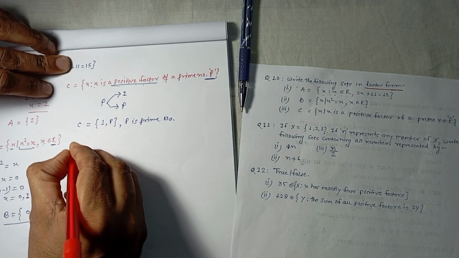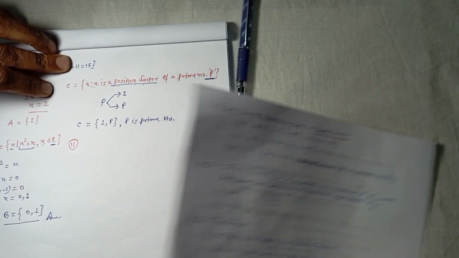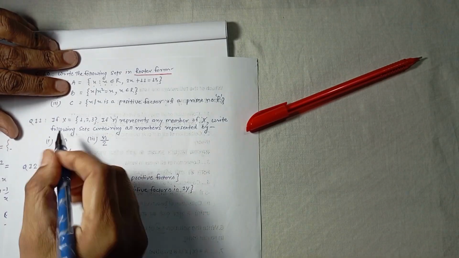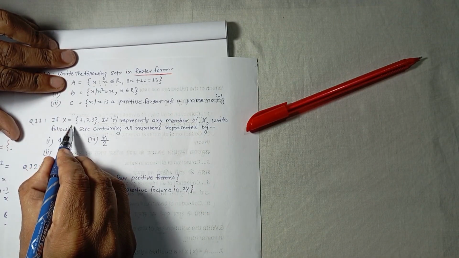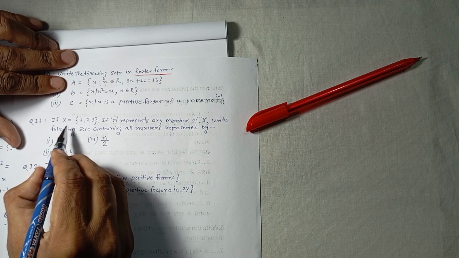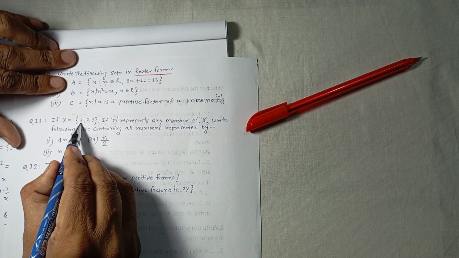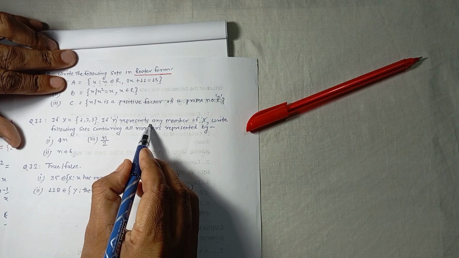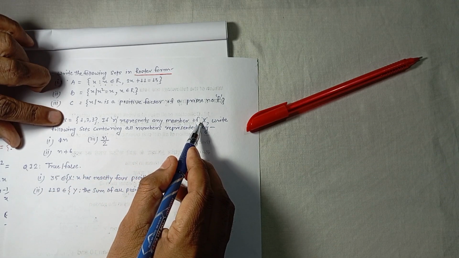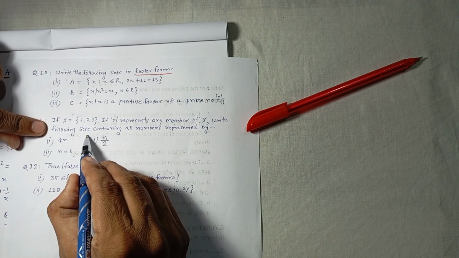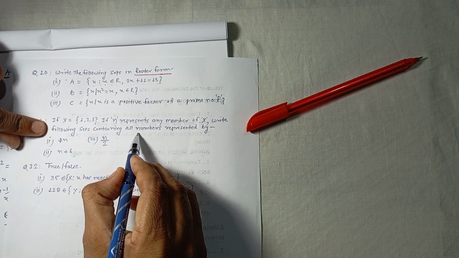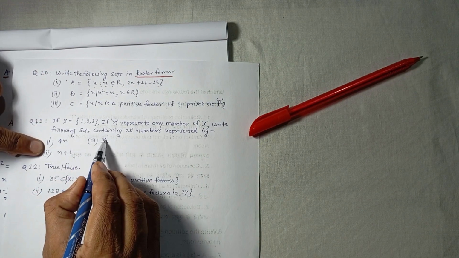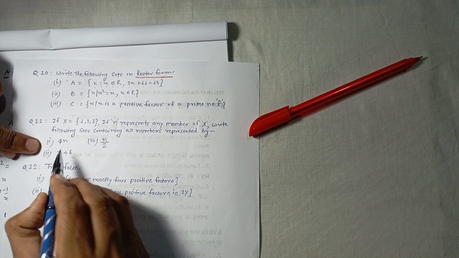Now come to example number 11. In example number 11, it is given that X, which is obviously a set, is equal to {1, 2, 3}, and n represents any member of set X. Write the following sets containing all numbers represented by 4n, n by 2 and n plus 6.